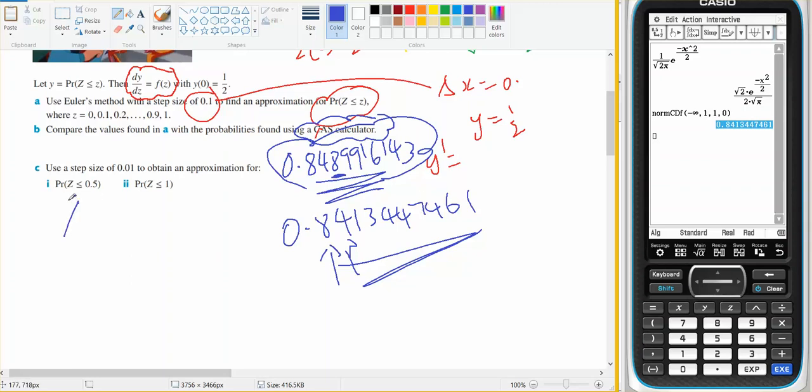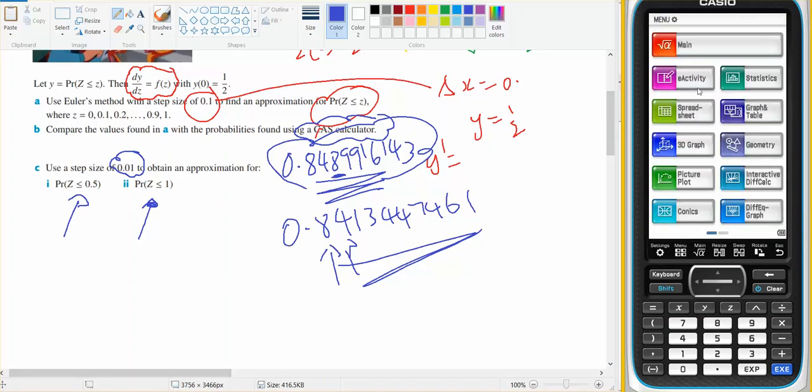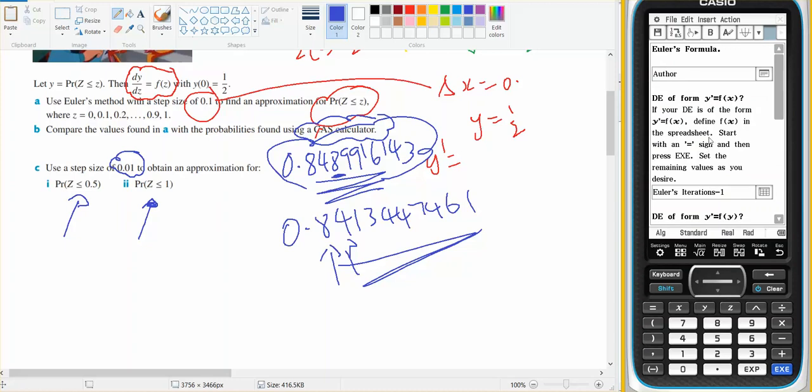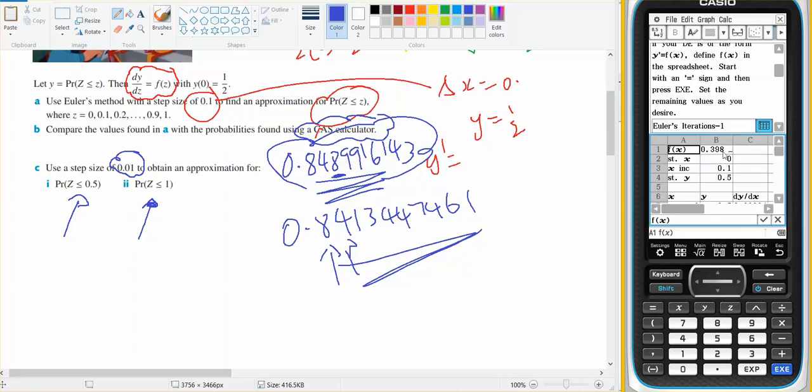Okay, so how do I do this? I need to do an approximation for 1 and 0.5 using 0.01 as my step up. So if I go back to Menu and I go back to eActivities and I go into the first one, it's still there, thank goodness.